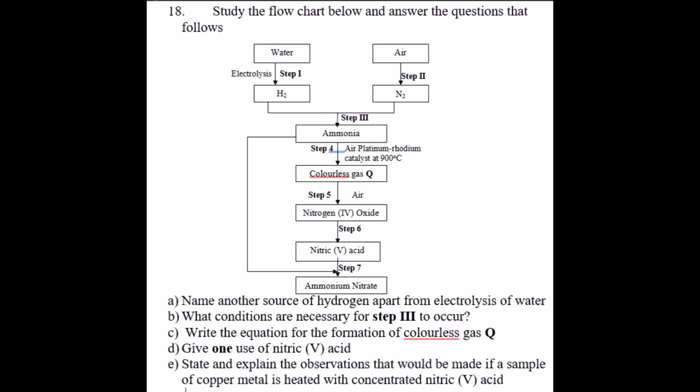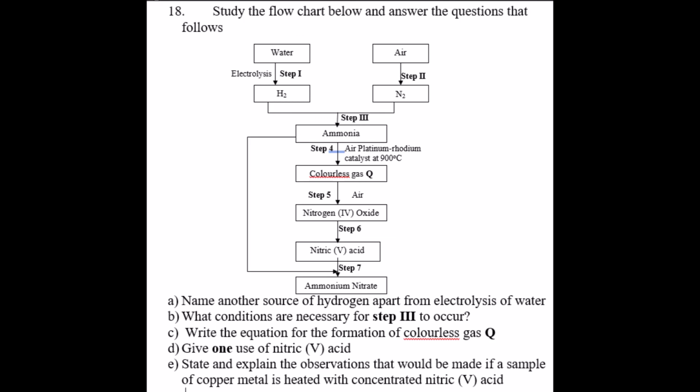Another long structured question, number 18, study the flowchart, then answer the question. As you can see, you're starting with an electrolysis of water somewhere, or acidified water that is. Then air on the other side. You can see several processes, electrolysis, fractional distillation. Then ammonia is being produced.